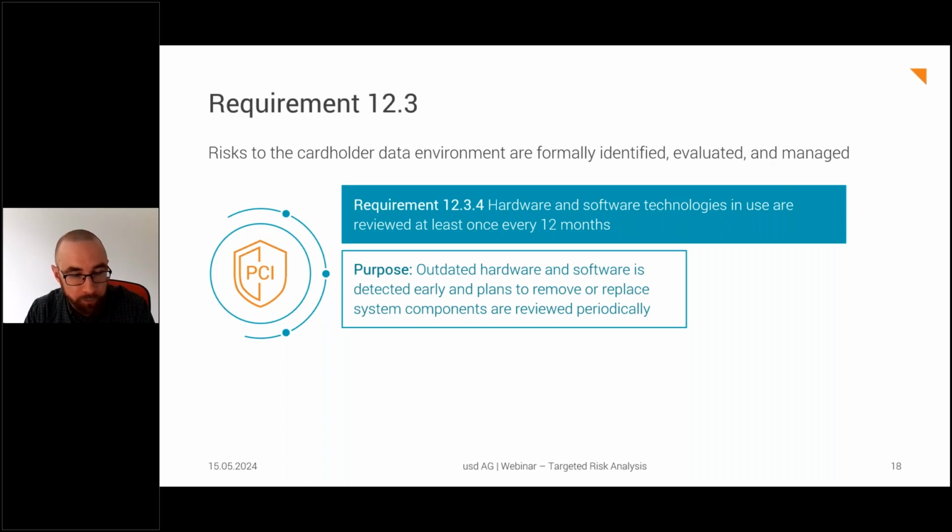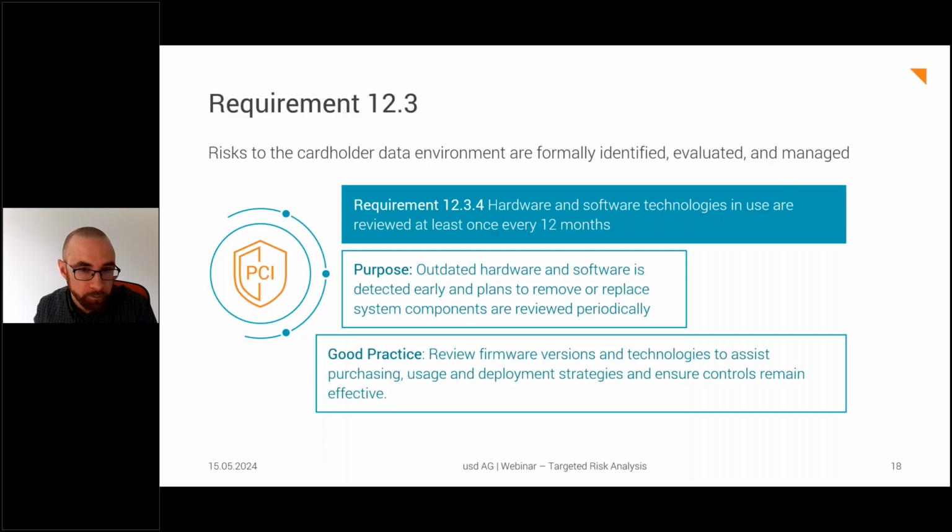So here you want to find out what hardware and what software is outdated or is going to be outdated so that you can act early on that and create corresponding plans to review, remove or replace or upgrade those components. Good practice, of course, is to review your firmware versions, your technologies, and to have corresponding strategies.